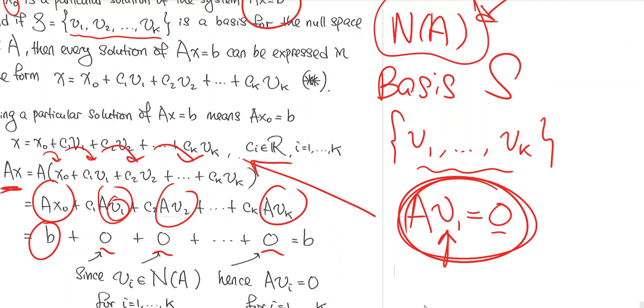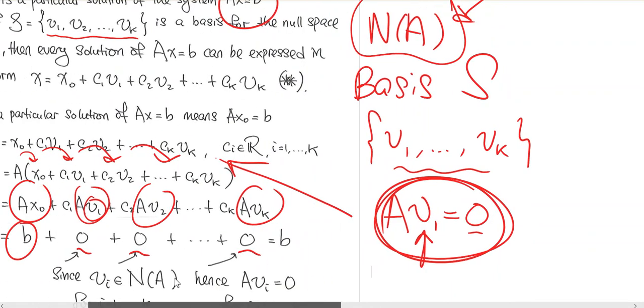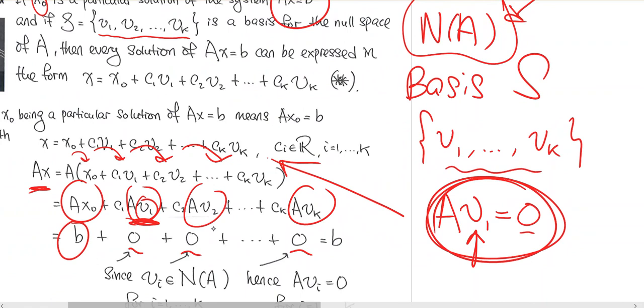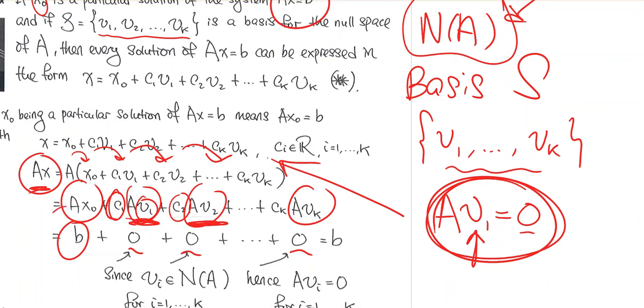So AV1 has to be the 0 vector, and AV2 has to be the 0 vector. It doesn't matter what your C is, because any number multiplied by a 0 vector is always 0.